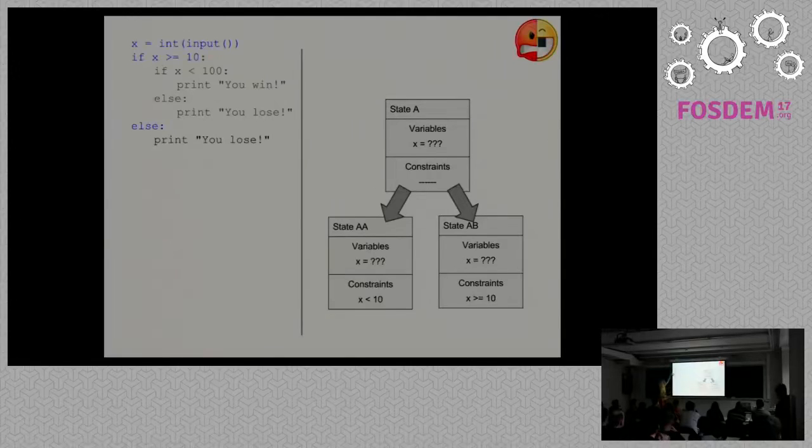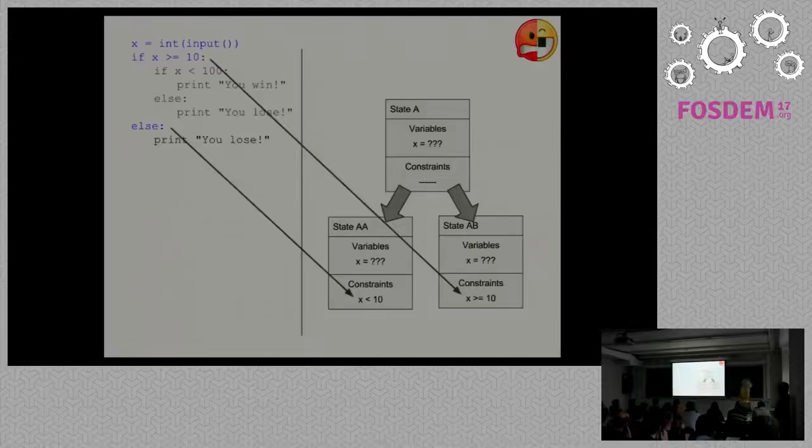It could either jump to here, or it could jump to here. And in symbolic execution, we take both. So this initial state produces two successor states, state AA and state AB. In it, we still have no conception about what the actual value of x is, but we do now have a constraint, an assertion over the domain of values that x may take on. That is, in state AA, we know that x must be less than 10, and in state AB, x must be greater than or equal to 10.